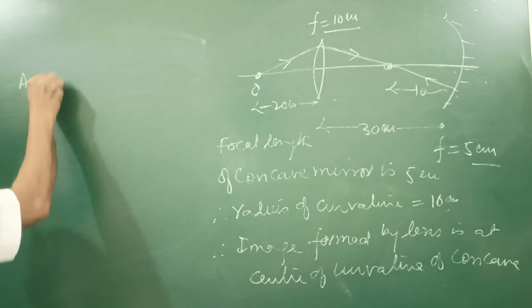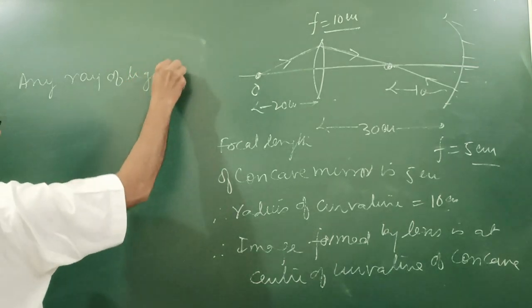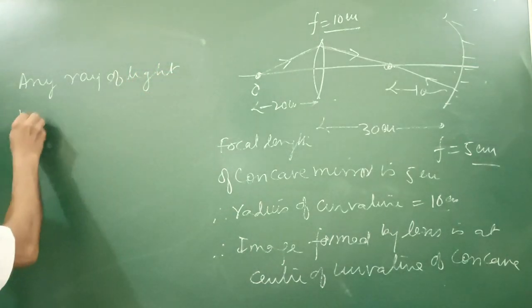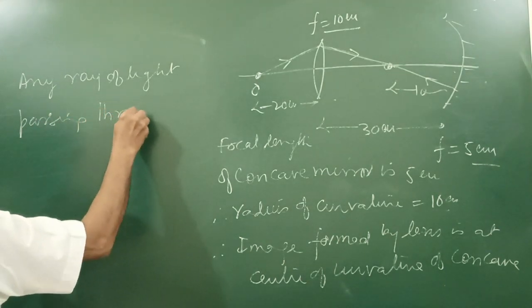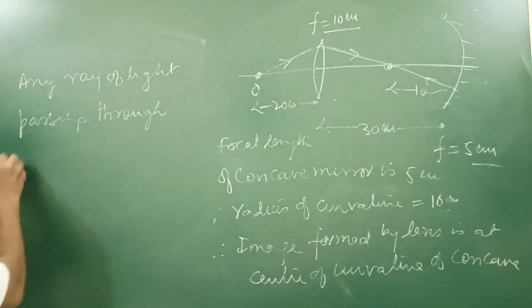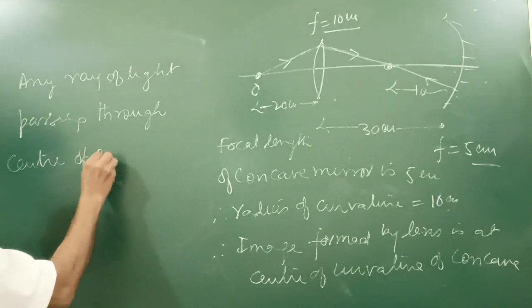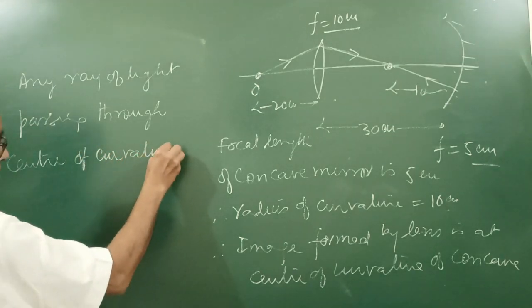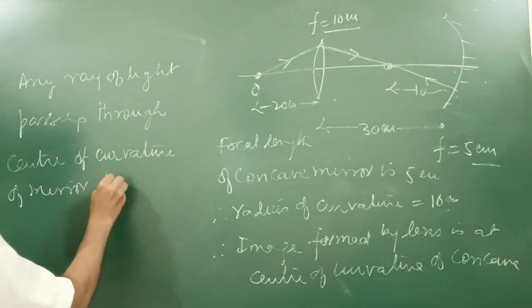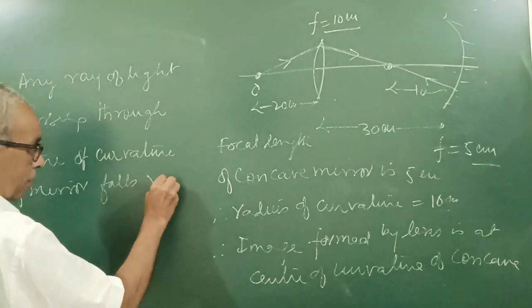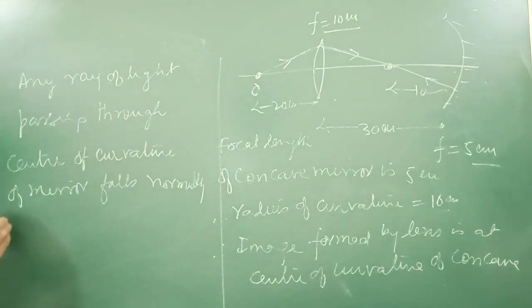Any ray of light passing through the center of curvature of the mirror falls normally on the mirror.